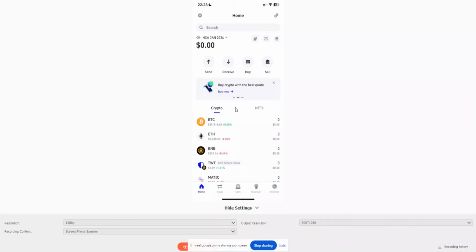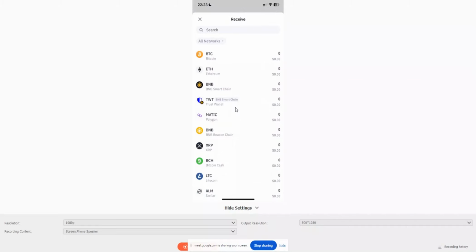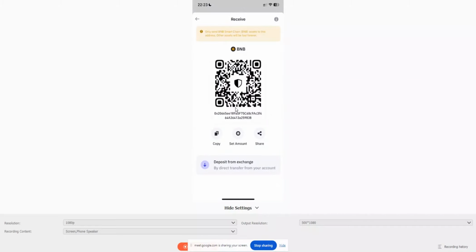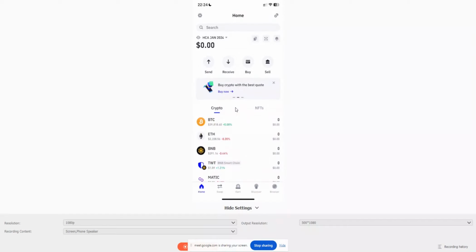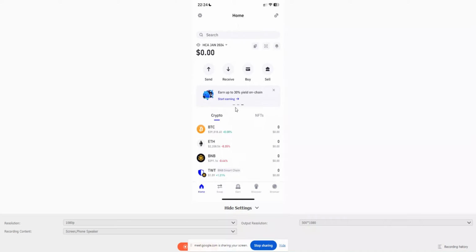I'm going to click receive and BNB Smart Chain, and I just need to scan this QR code here, put the maximum amount, and then click on next. In a short while, you're going to see some $2 having been received here. I've just sent. Just wait and see.